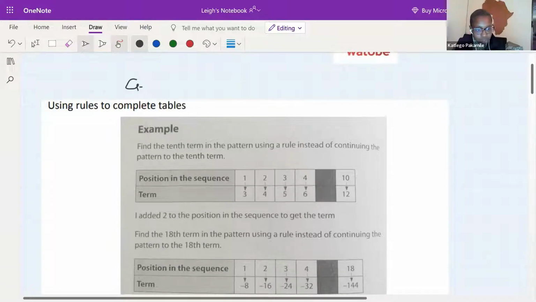Ma'am, can you please repeat the question? The question was, what's the difference between geometric and arithmetic patterns? Okay, just a second, ma'am.